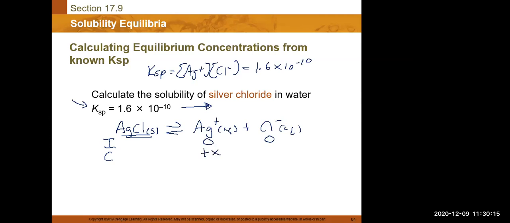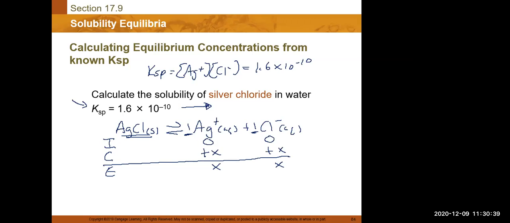So we'll do plus X and plus X. Again, the coefficient here is 1 for each of these, which is why we don't have anything like 2X. So plus X on this side, which means when we get to equilibrium, we end up with X and X. Any questions on the ice table there?